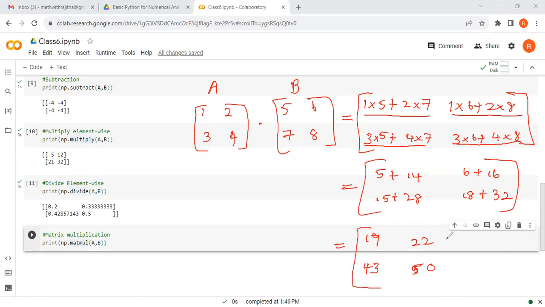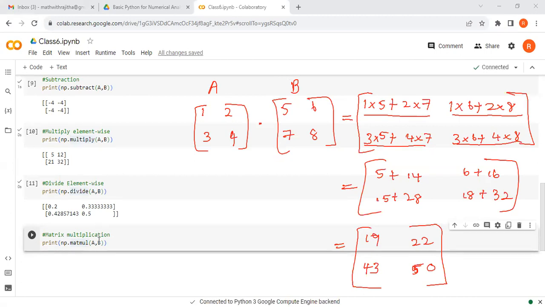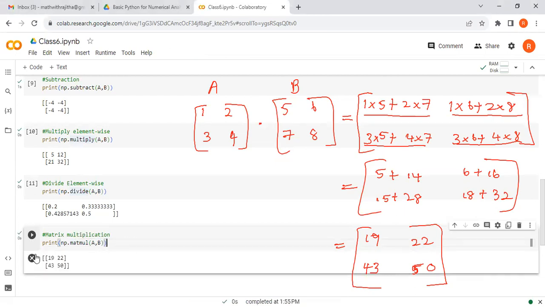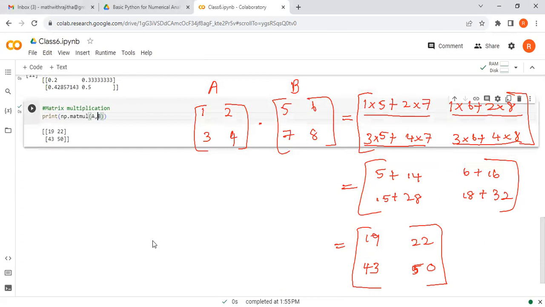This is the resulting matrix from the matrix multiplication between A and B. So we can see if we are getting that from the matmul function. 19, 22, 43, 50. Correct. It gives us the correct result.